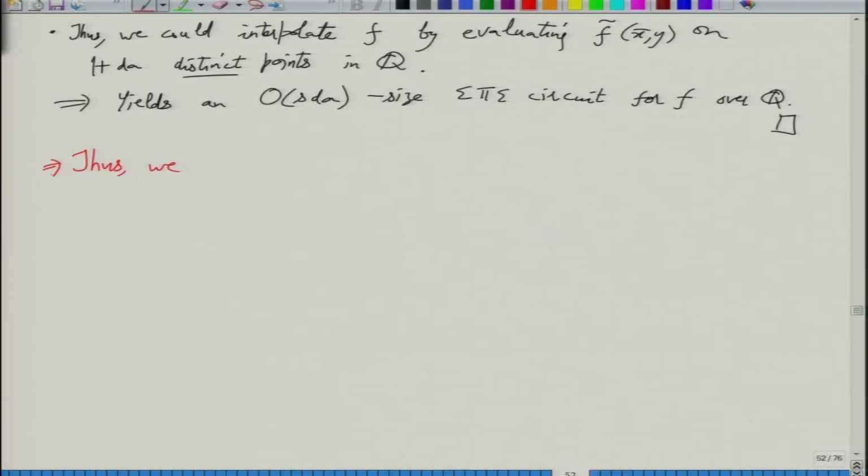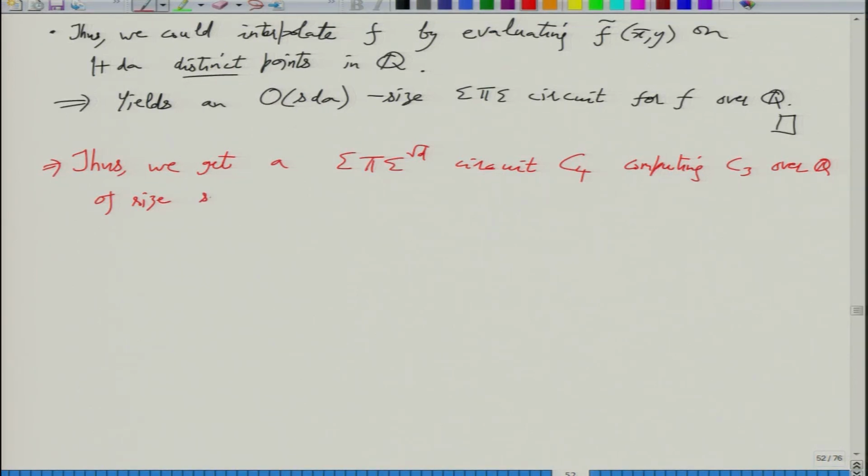So thus we get a sigma pi sigma square root d circuit C4 computing C3 and hence the original polynomial over Q, and it has size s to the square root d.